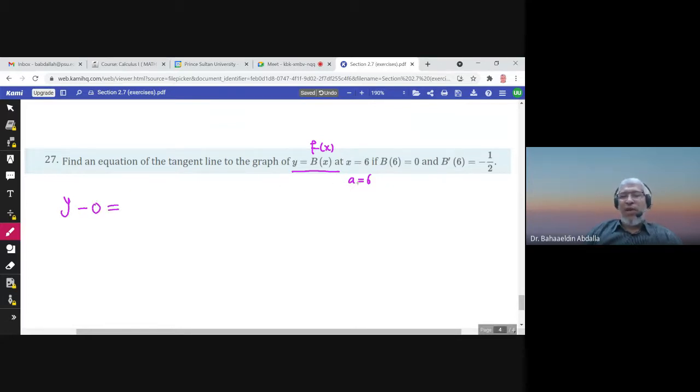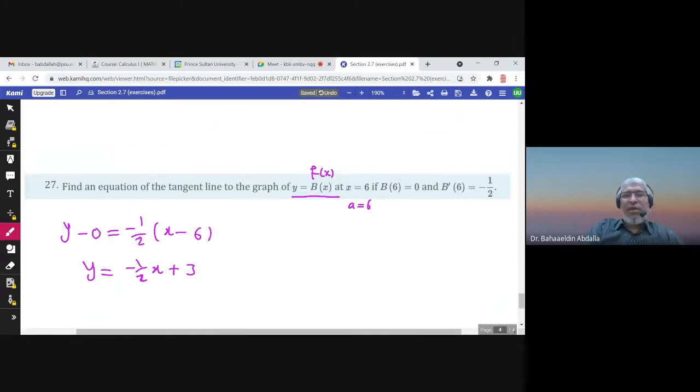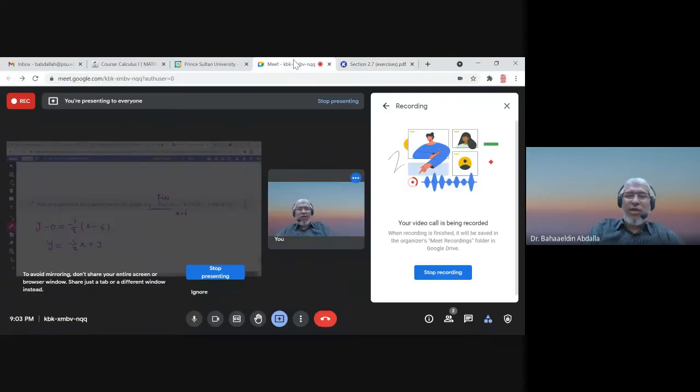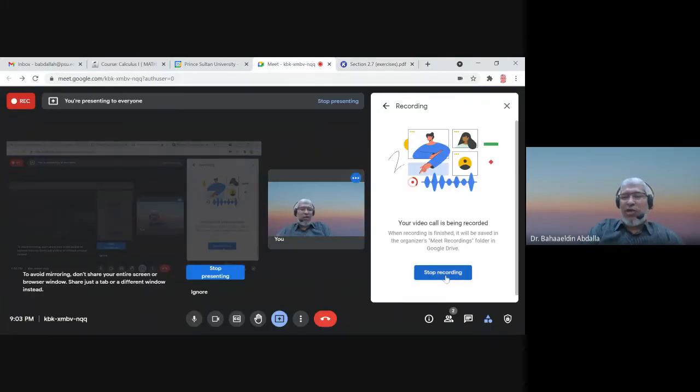Now f prime of a or f prime of 6 or b prime of 6, that's the slope, times x minus a or 6. So that's the equation of the tangent line. Negative half times minus 6 is positive 3. That's it. Thank you very much and enjoy working with derivatives.